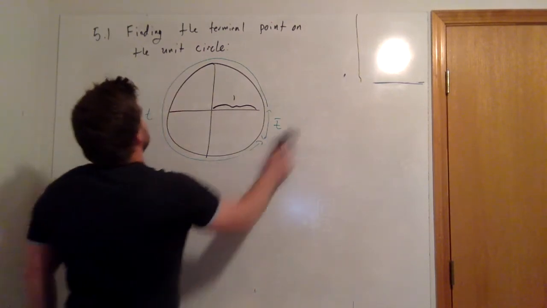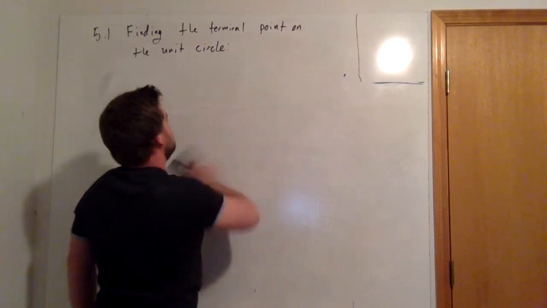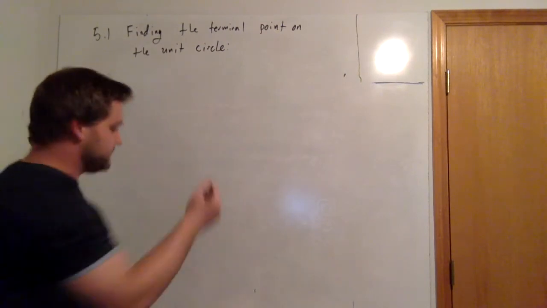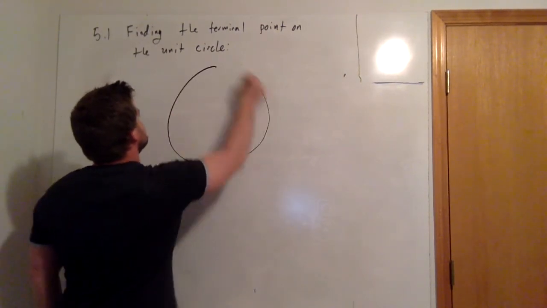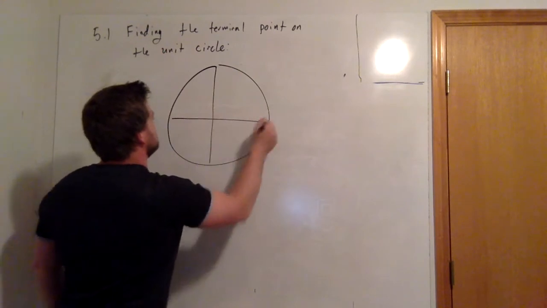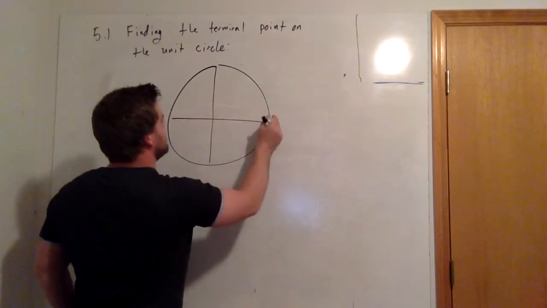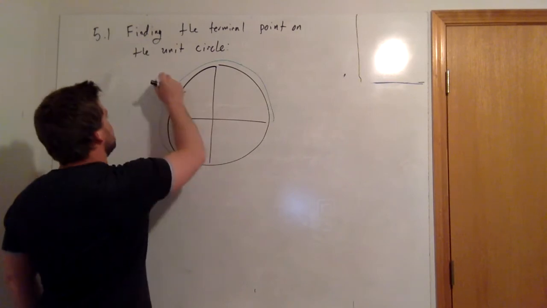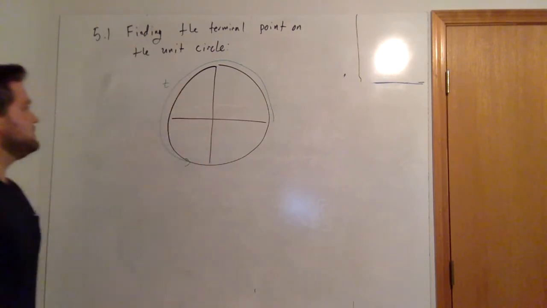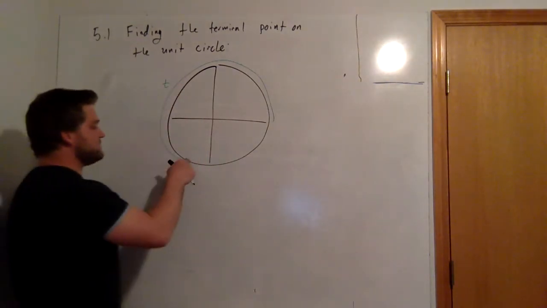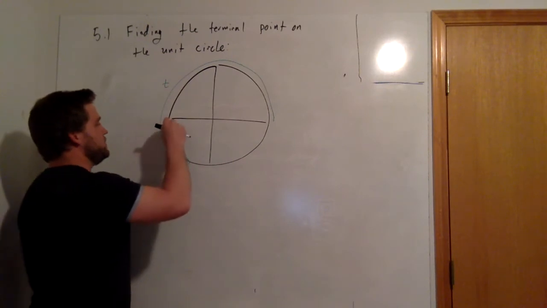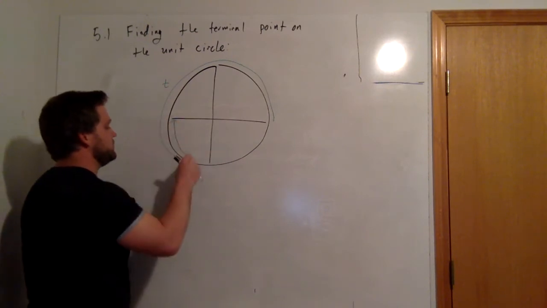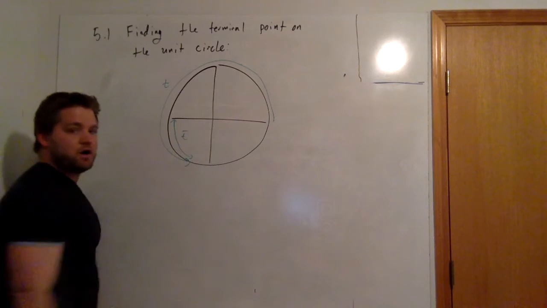Another example: let's say we travel this far, and this is the distance t. The t bar would be the shortest distance to the x-axis, going along this way. The distance from here to here is what we would call t bar.